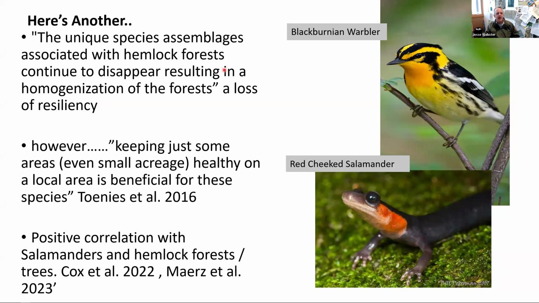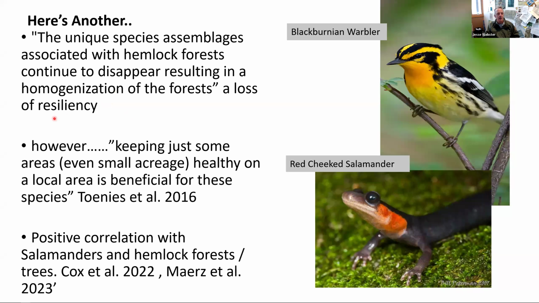They found that with hemlock loss, and this is what we see on the landscape, there's really a homogenization of the forest, meaning you get a lot more maple and white pine, you lose that diversity, and with that you lose resiliency.